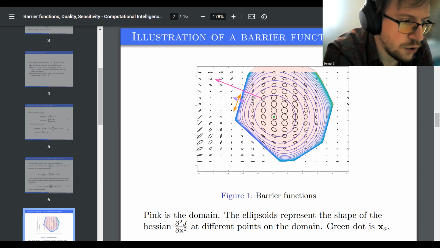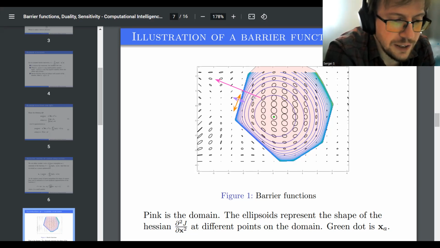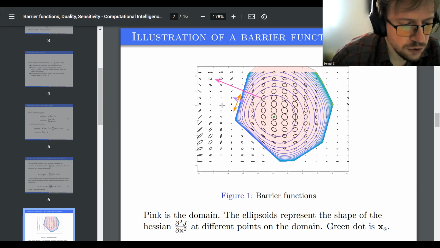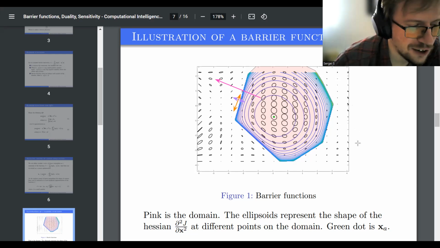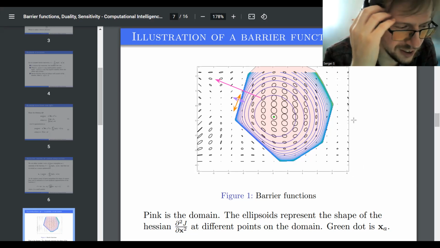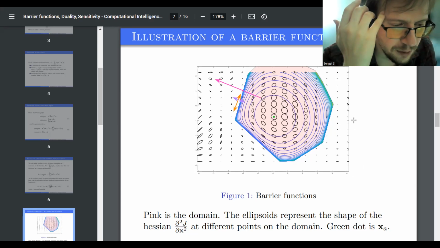And for example, if your solution is near the edge, you can try to analyze the barrier function near this edge. But I also notice that all those Hessians could be found outside of the domain too. That is possible. How meaningful is it? Good question. But you could find them.